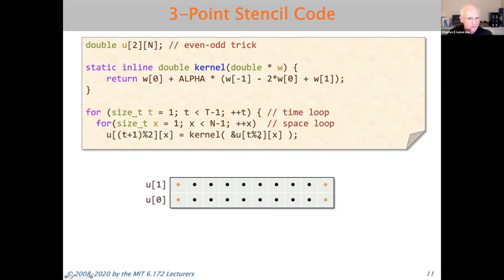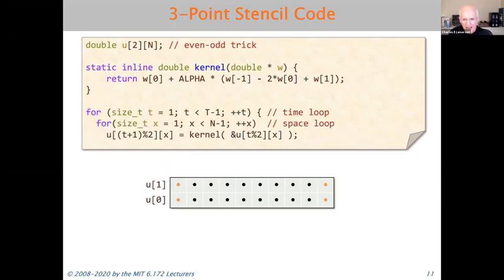For the moment, disregard the mod 2s, and I'll explain that in a minute. So what it does is it treats the W as an array, and it can access the preceding and following elements by indexing W of -1 and W of +1. So that's kind of a trick to make it easier to write that code, using that C trick.